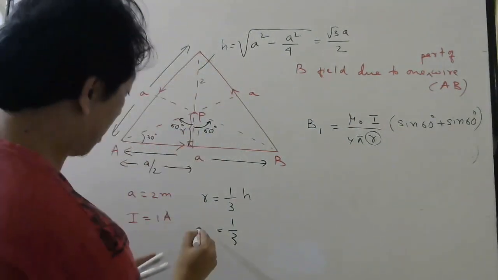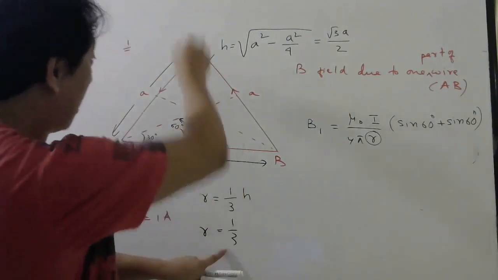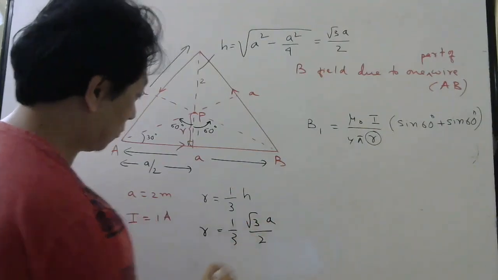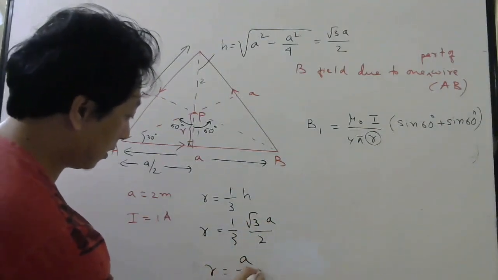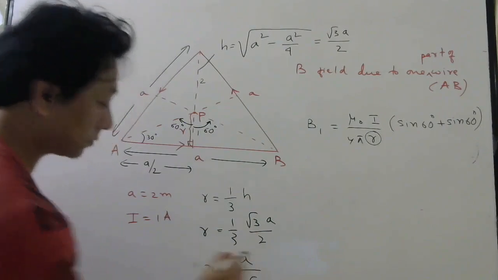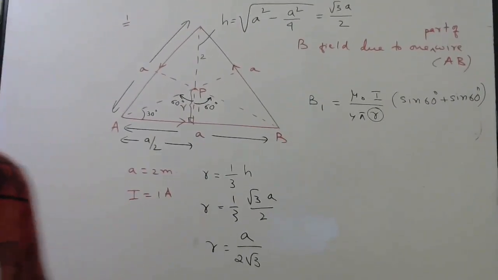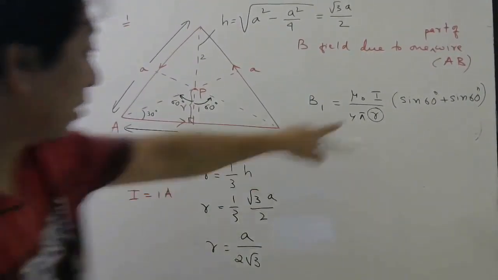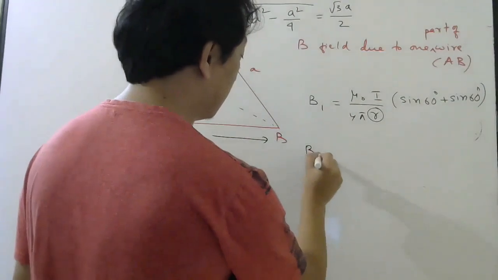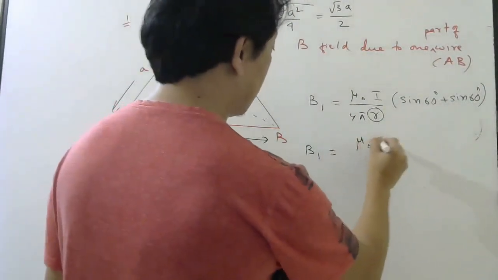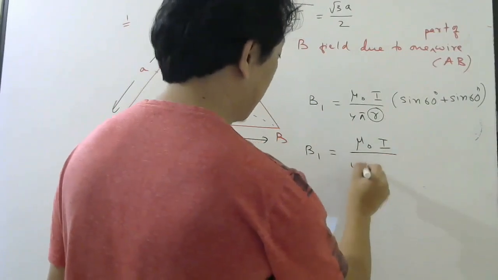That means R will be how much? One third of this height. This height is root 3A by 2, which will be A by 2 root 3. R will be A by 2 root 3. Right? So R also we have found. So let us substitute. So magnetic field due to one part will be mu naught I divided by 4 pi.